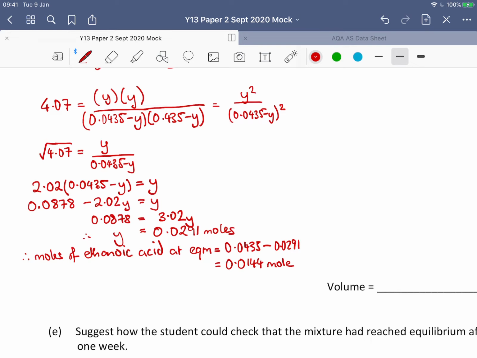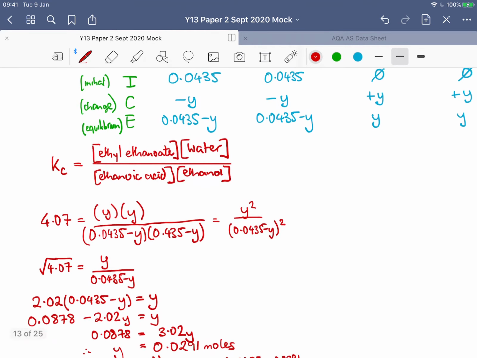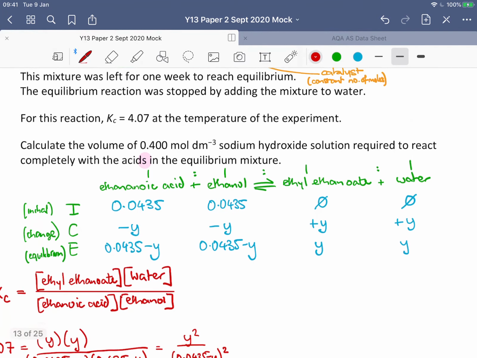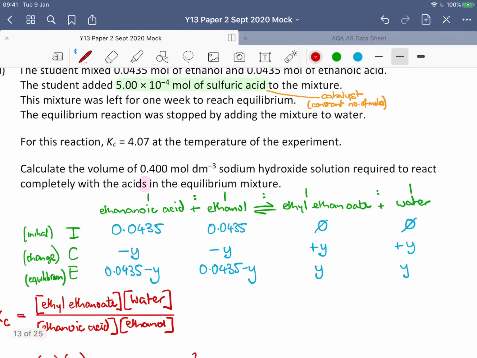Now, remind ourselves again that in that part of the question, calculate the volume required to react completely with the acids. So the main acid is ethanoic acid, but we also have the sulfuric acid. Now, we said that is a constant number of moles. The other thing I should have pointed out is H2SO4 releases 2 H plus ions for every 1 H2SO4.